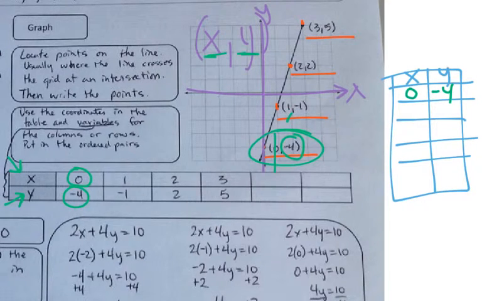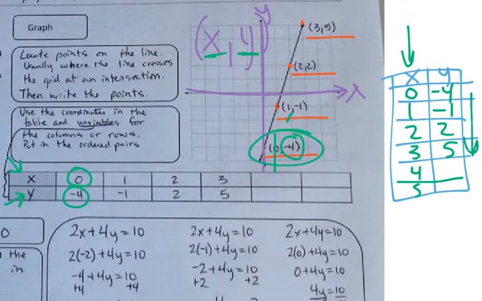And then just go through all of them. 1, -1, 2, 2, 3, 5. Now, I do want to usually go in some sort of order on one of the sides. Okay? Because then I can see the pattern and I could keep going with 4 and 5, figure out how this is growing, and put my information in there. But when you're given a line, that's how easy it is to go to a table.